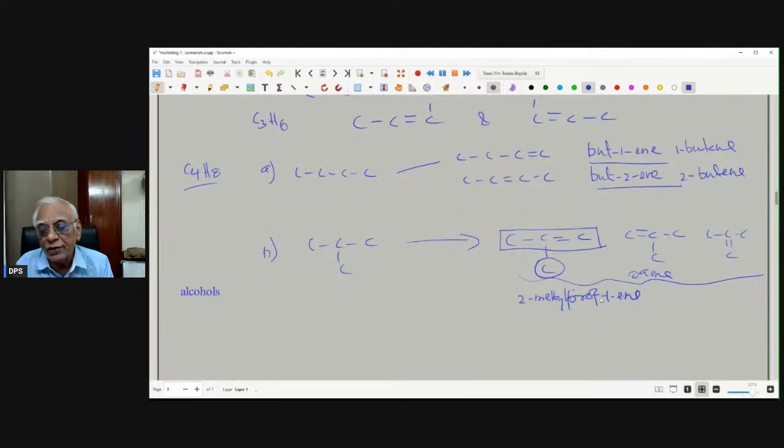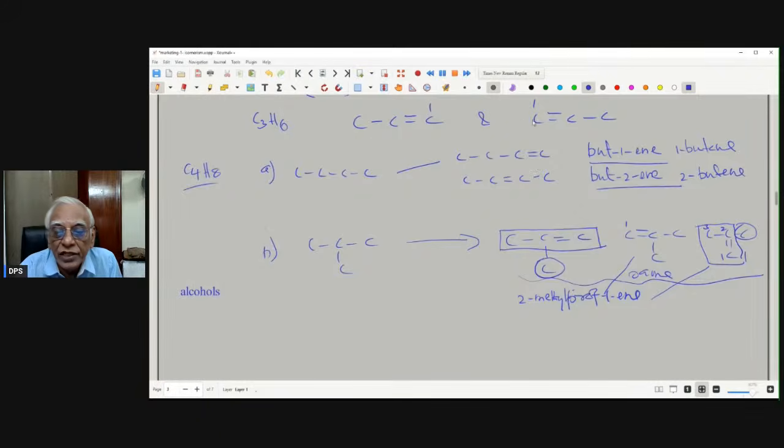You don't need to say 1. This is carbon 1. Therefore, where is the methyl group? 2-methyl propene. So 1, 2, 3, propene, 2-methyl propene. So all of them are going to be the same compound. Therefore, they are not position isomers.